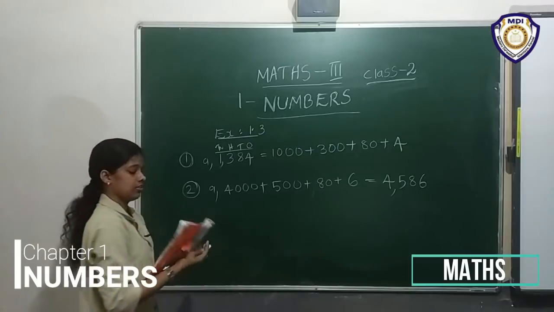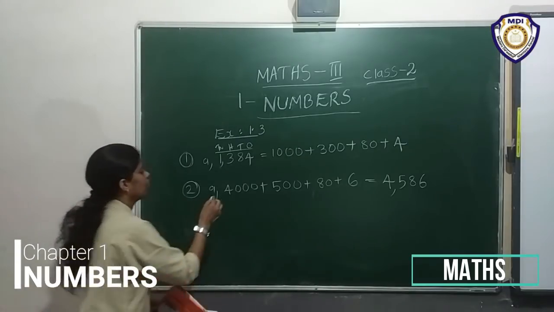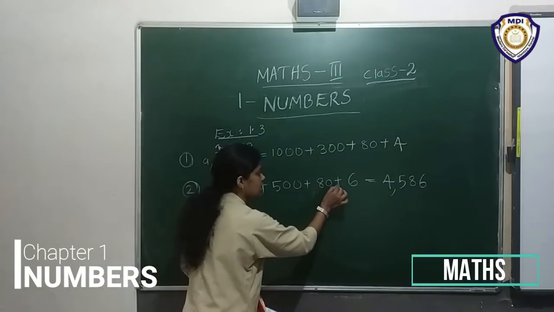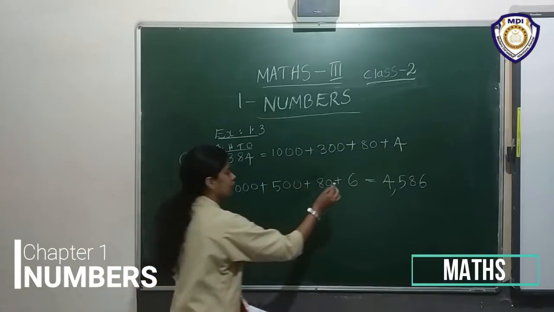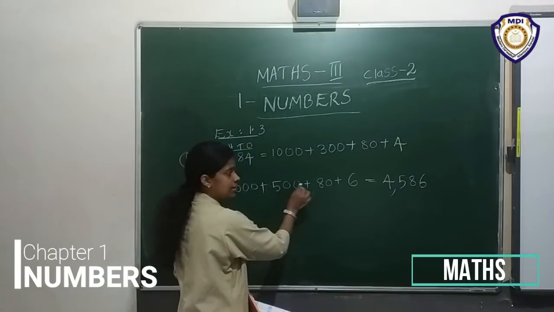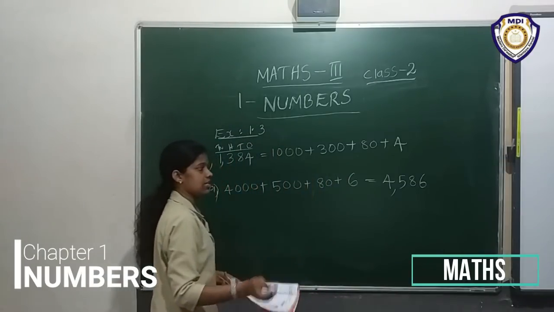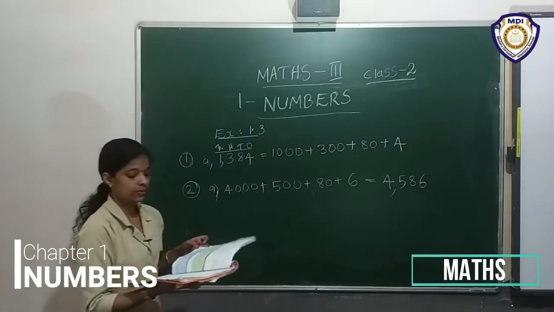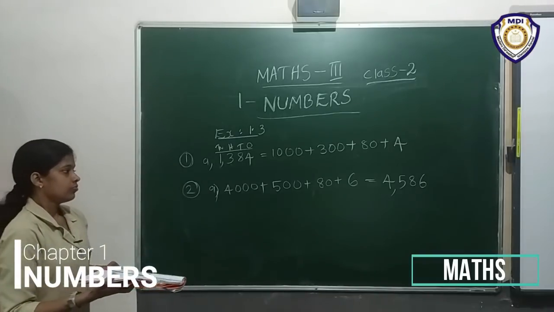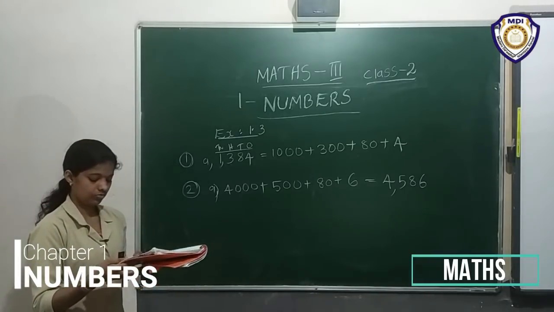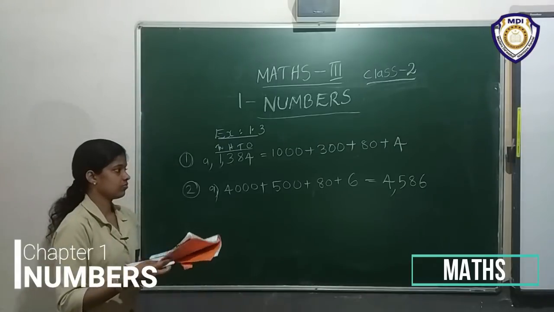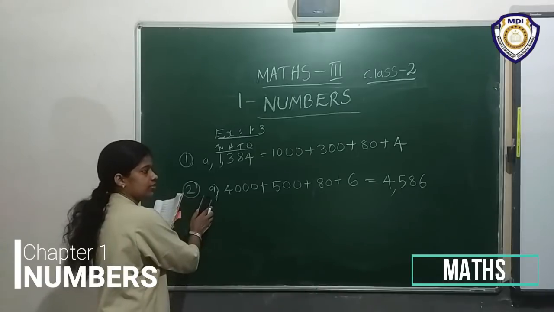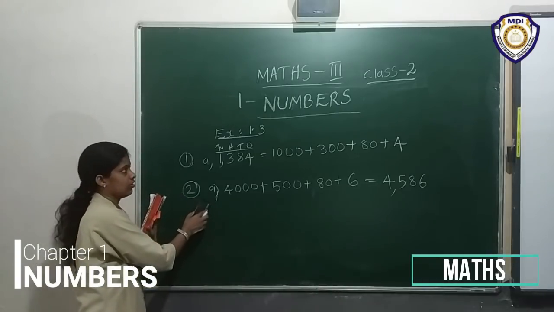Second one, short form. 4000 plus 500 plus 80 plus 6, 4586. Okay. Write it. Did you finish? Okay.